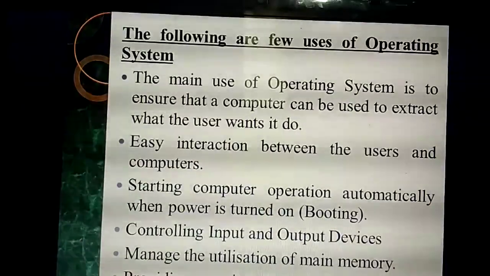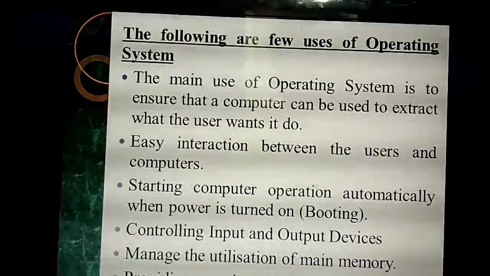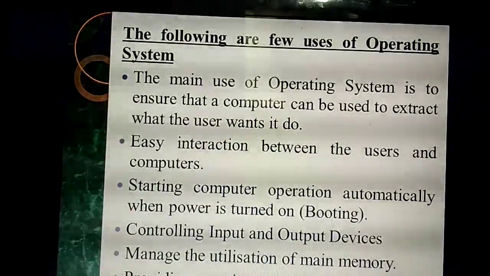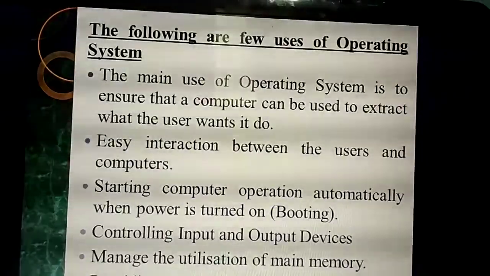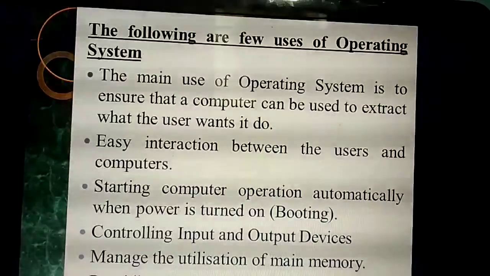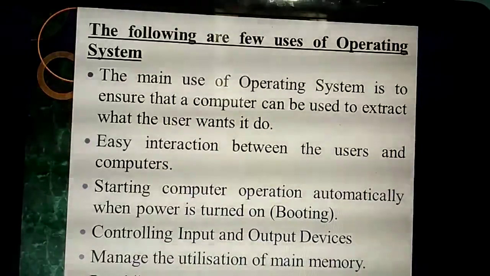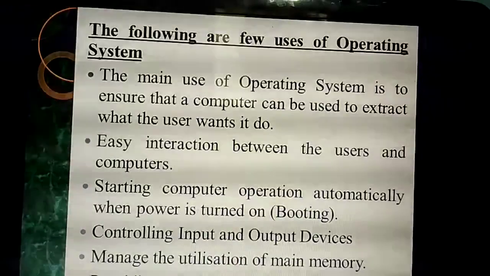Yes. The second point: it is an intermediate person between whom and whom? User and the computer, or user and the mobile. Understand? Yes. Next, when you switch on the computer, which software gets loaded first? The operating system, I already said.